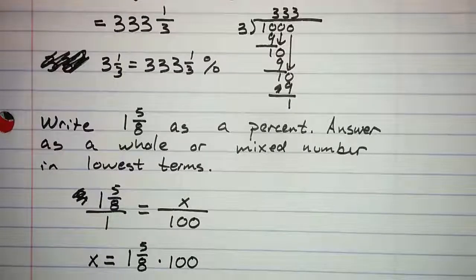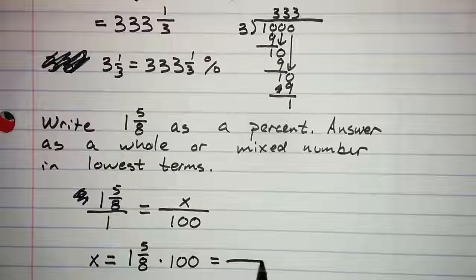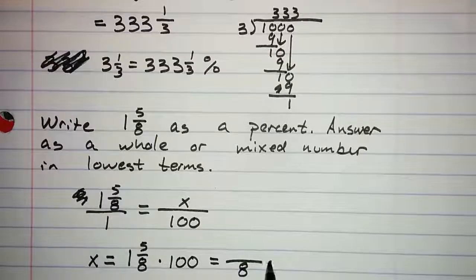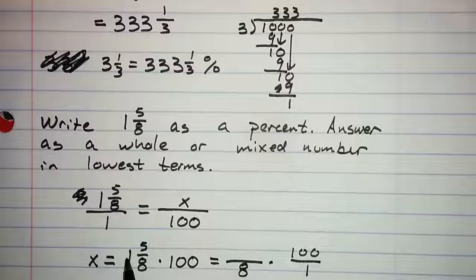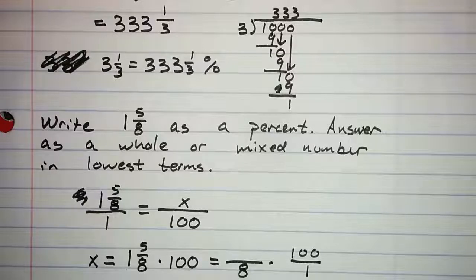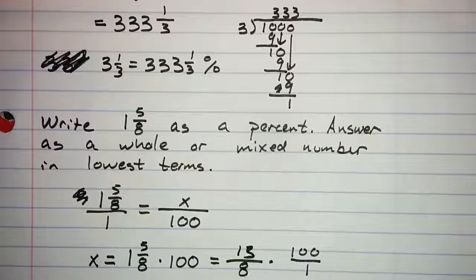In order to actually do this multiplication, what do I need? I need to write this guy as an improper fraction, and I need to write 100 as 100 wholes. 1 5/8, I'll have 8 times 1 is 8 eighths, plus the 5/8 I started with. 8 plus 5 is 13.